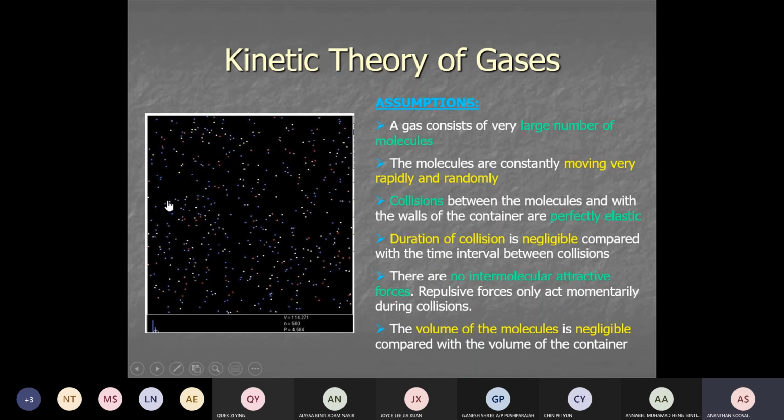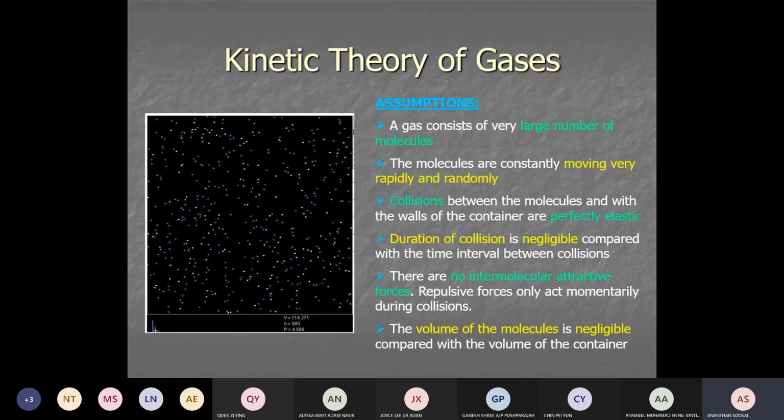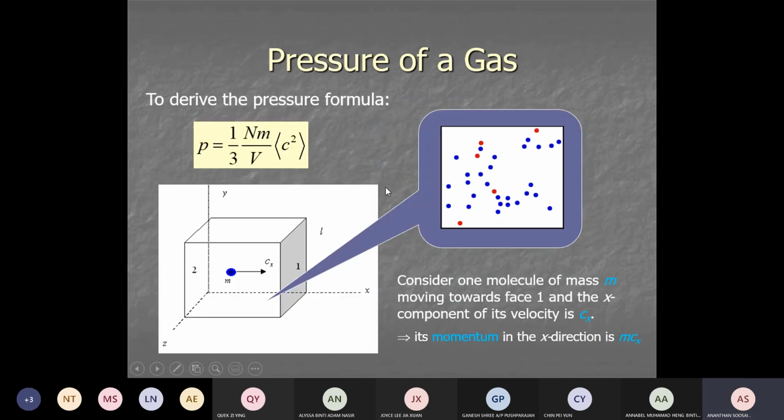Scientists want to get a formula involving the speed of the air particle, which doesn't appear in the early formulas, PV equals nRT. We don't know where the speed lies. So they want to get a formula in terms of speed, which ends up giving you this formula. So this is today's lesson, how they got this formula.